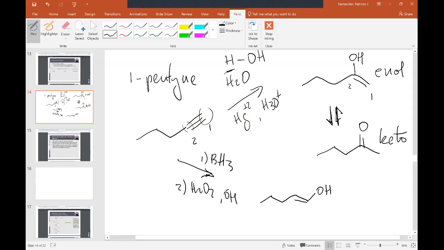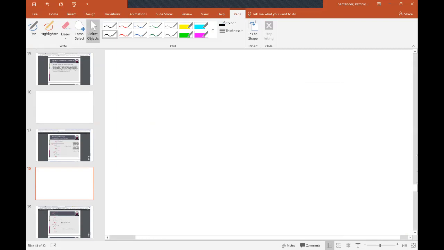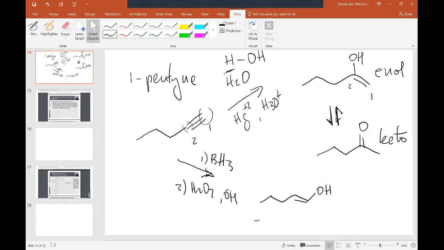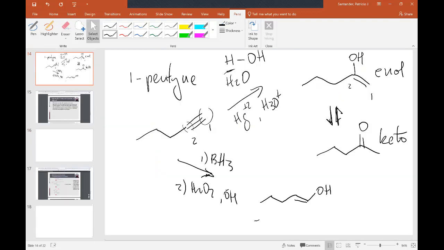That will be the initial enol product that I will obtain. And then after the tautomerization of this, the result will be 1, 2, 3, 4, 5. I will get an aldehyde.